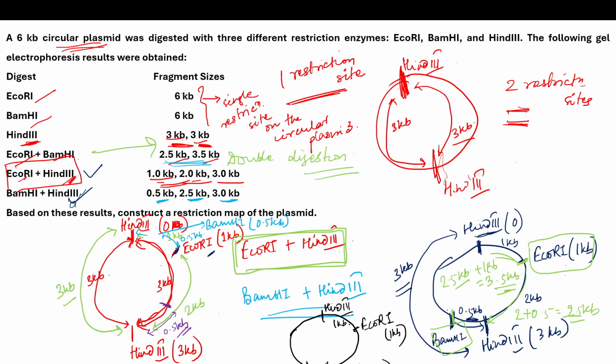So this is 1 kb, this total half is 3 kb, so 1 kb, this remaining is 2 kb, this is 0.5 kb, and this total was 3 kb, 3 minus 0.5 is 2.5 kb. Now you see it, 2.5 plus 1 plus 0.5 plus 2 adds up to 6 kb. So this will be the final restriction map of the given 6 kb circular plasmid.